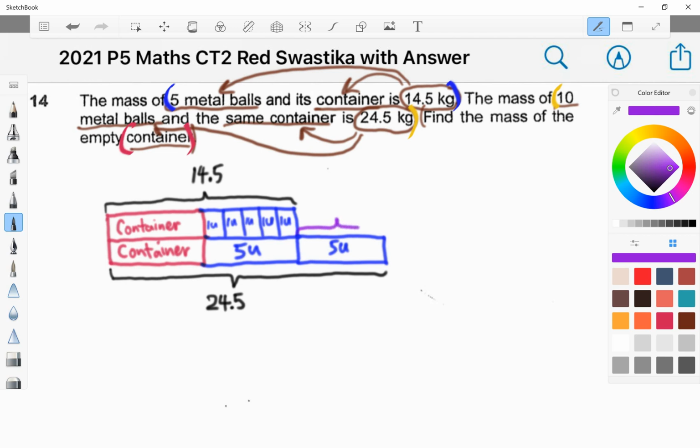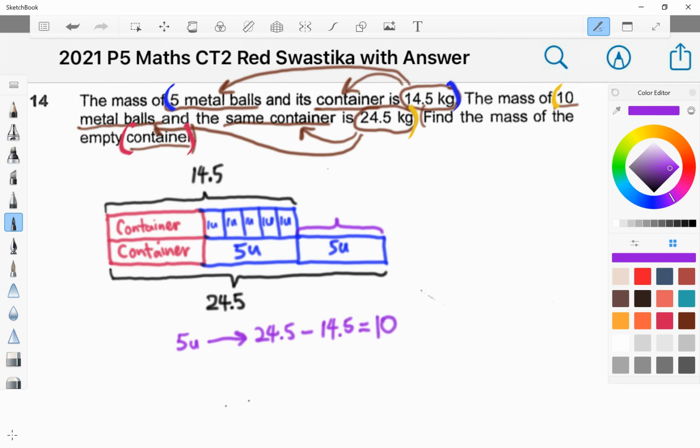From my model itself, 5 units will actually be 24.5 minus away 14.5. Try not to do any mental sums, especially if you can use the calculator, because sometimes your mind may play tricks on you. So 24.5 minus 14.5 is actually 10.